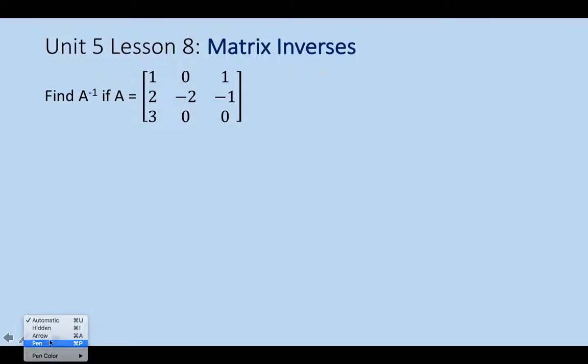All right, so here's the process for manually finding an inverse of a matrix. We're going to let you mostly use your calculator for the rest of this, but in order to justify using your calculator, I'm going to make you manually show how to find an inverse. So here's what we're going to do.